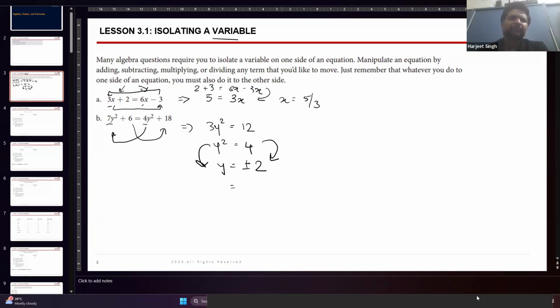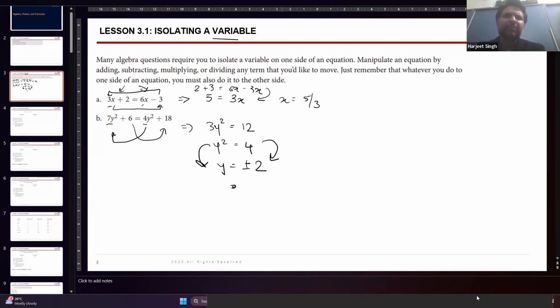So this is something which needs to be taken care of. Whenever we do a square root, the answer could be plus minus 2. Correct? Yeah. So this is how it looks.